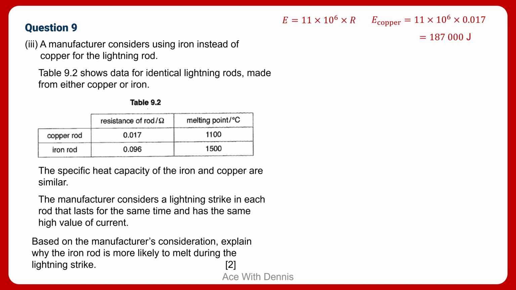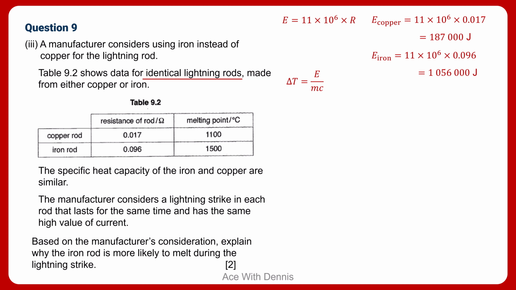On the other hand, we also can calculate the thermal energy produced in the iron, which is 11 times 10 to the power 6 times the resistance. Based on the data in table 9.2, it is 0.096, and we'll get 1,056,000 joules. Next, using the specific heat capacity formula, the delta T equals E over m c.